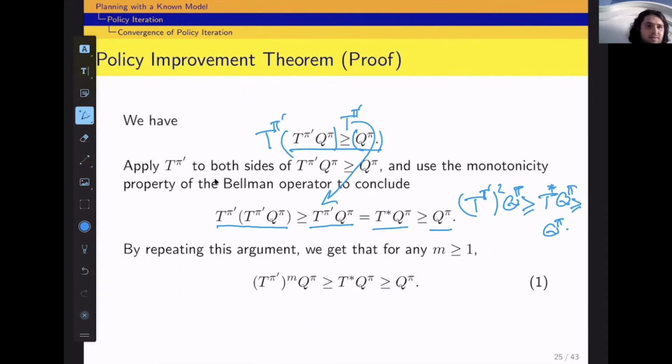This is just one step, like one step greedy and the rest Q pi. This is the same as applying T pi prime, the greedy, to Q pi. So I just did one step of it, and here I'm going from one step to m steps. Yep, great, that's a good observation.